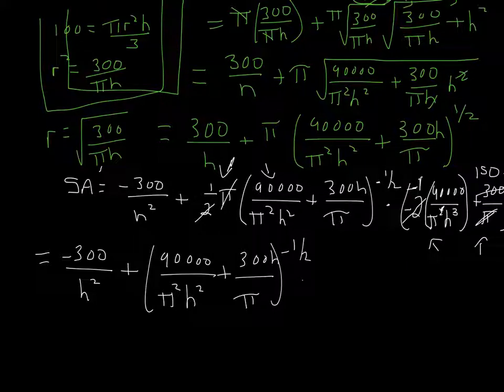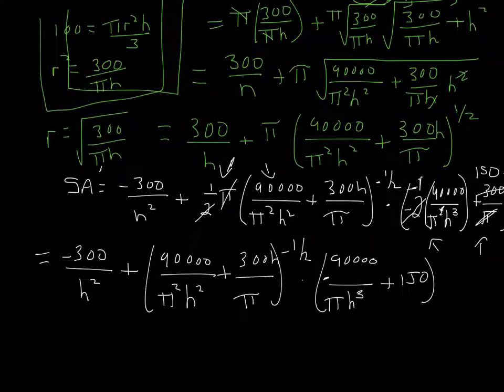And that's going to be multiplied by whatever we have left over in this bracket, which is negative 90,000 over pi h cubed plus 150. I think that's all we have left over in there. Okay, this video is getting long, so I'm going to pause and write the next step for you so you can see what we do with it, and then I'll let you play with it.